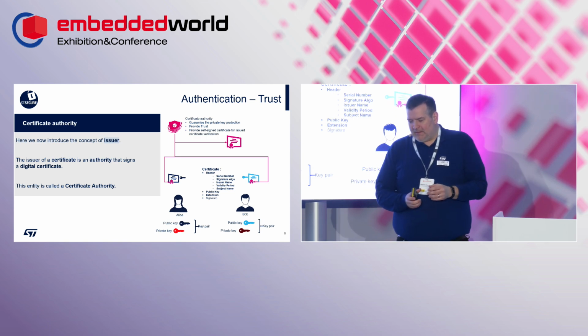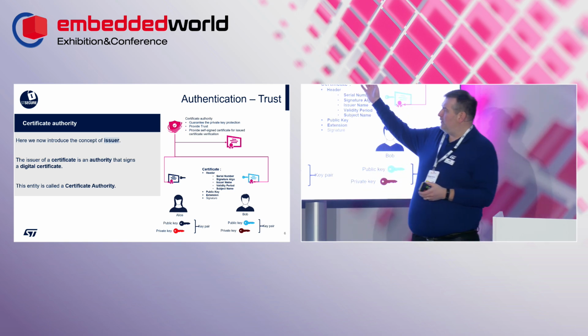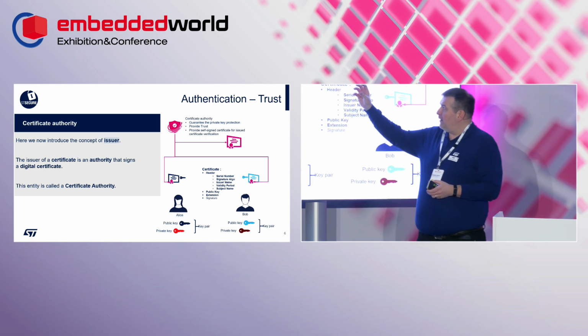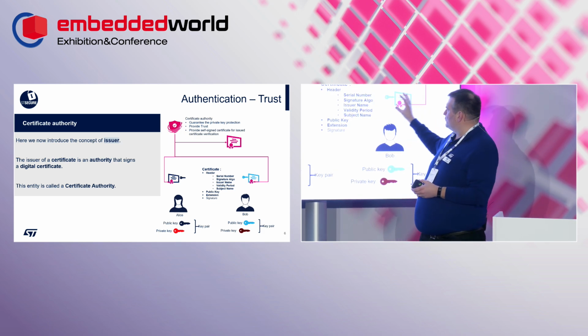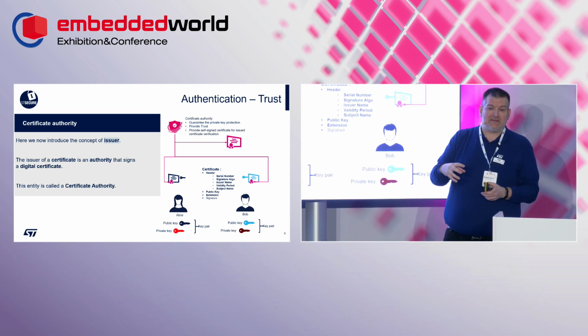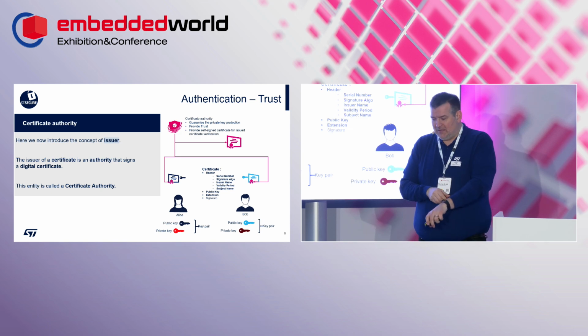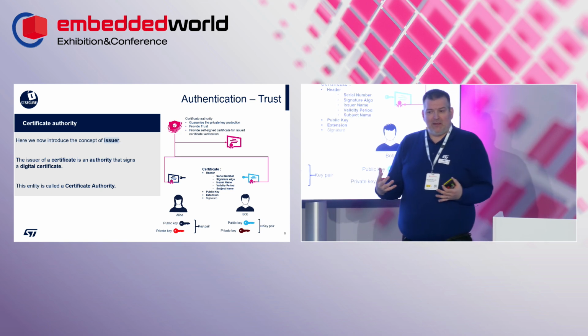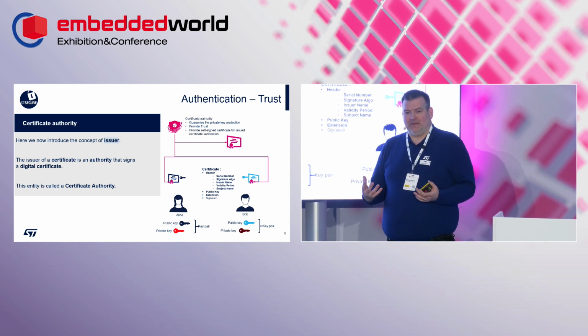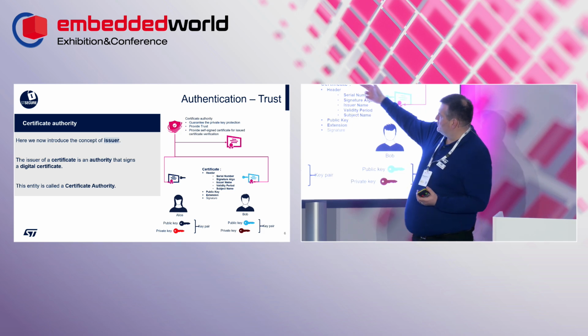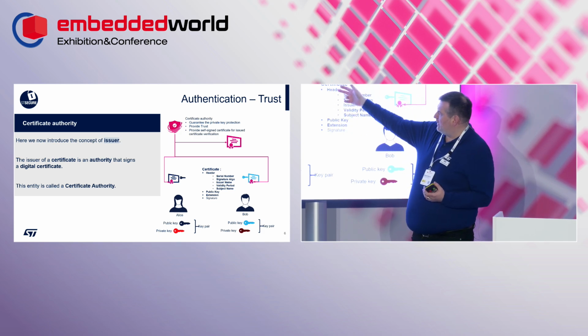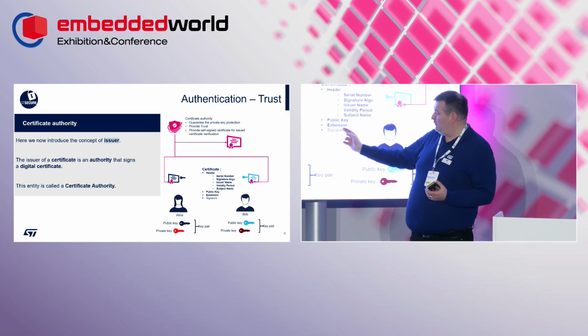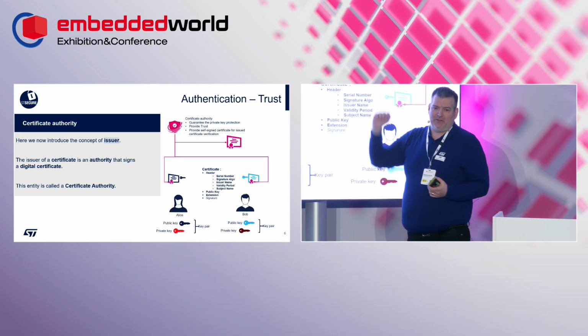So here, the issuer is an entity that will be able to attest that a certificate is a genuine certificate. So it's relying, once again, on digital signature. Here, we have the content of our certificate with header, with the public key, and with the signature generated by the issuer.